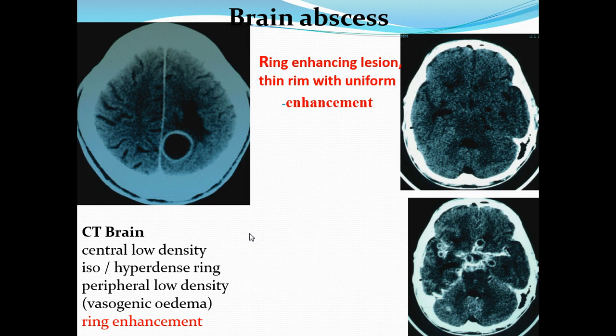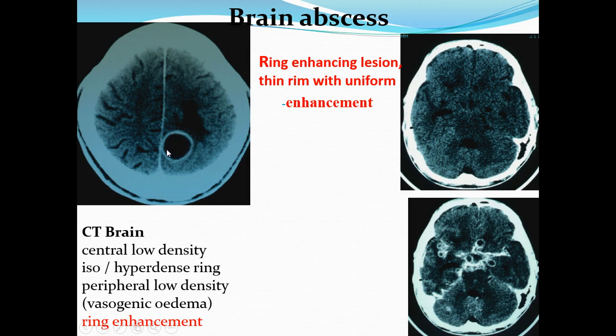Then brain abscess. In this case of infection, we need to have a contrast study. In a simple CT scan, like infarction or edema, or in cases of bleed, we don't need a contrast study. So we give the intravenous contrast, and in this case you can see the periphery of the lesion enhances.